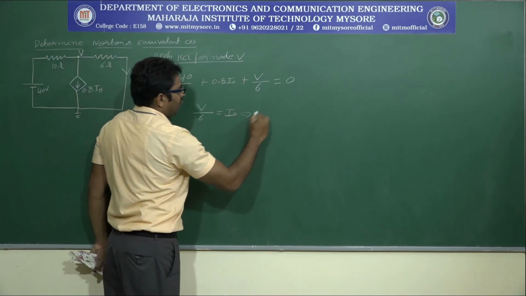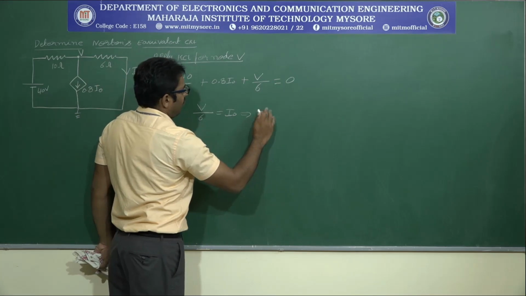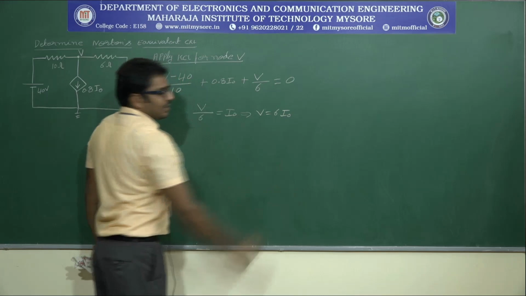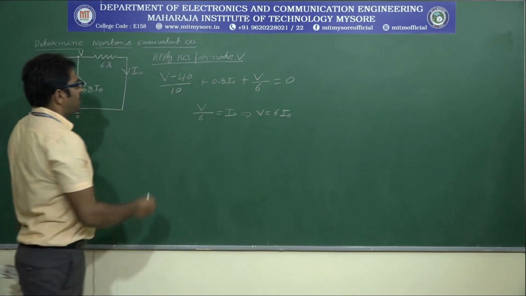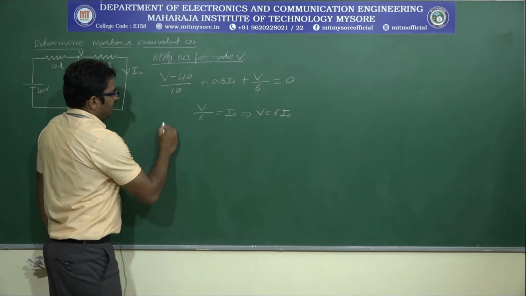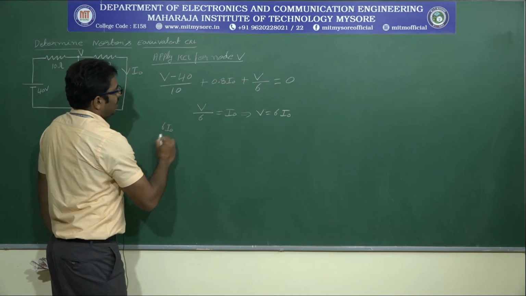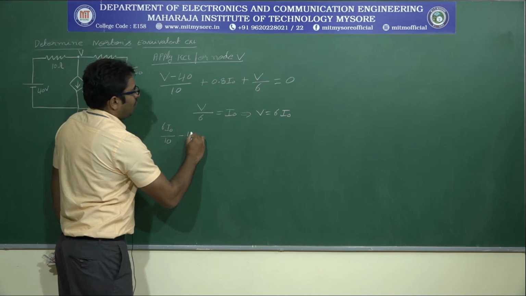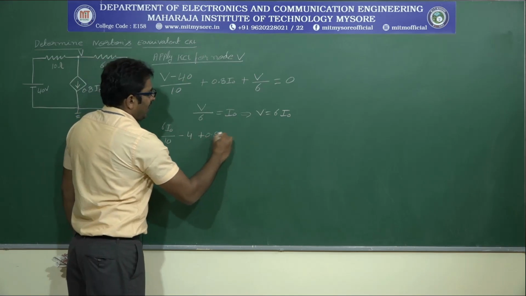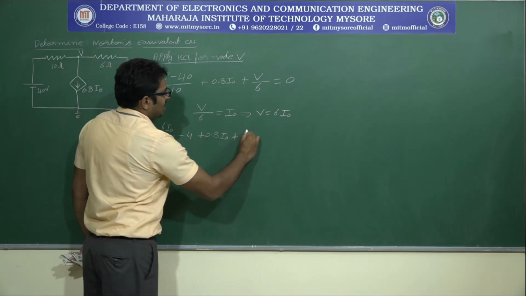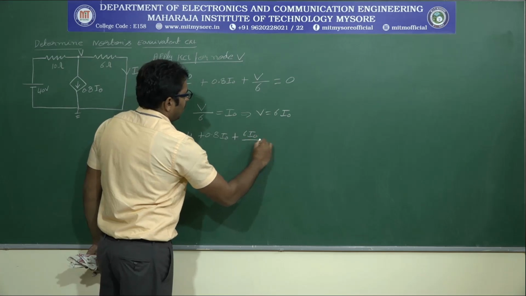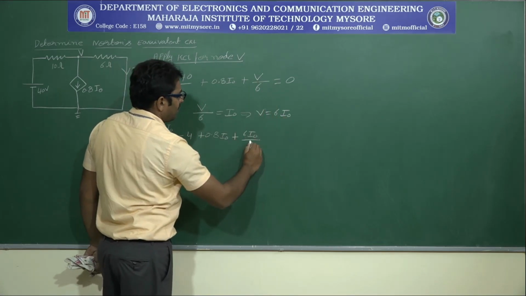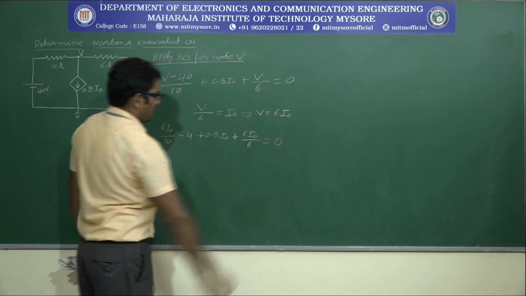Therefore, V is equal to 6 into I0. Is it clear? Just substitute here 6 into I0 by 10 minus 40 by 10, 4 plus 0.8 I0 plus 6 into I0 by V is equal to 6 into I0 divided by 6, that is equal to 0.